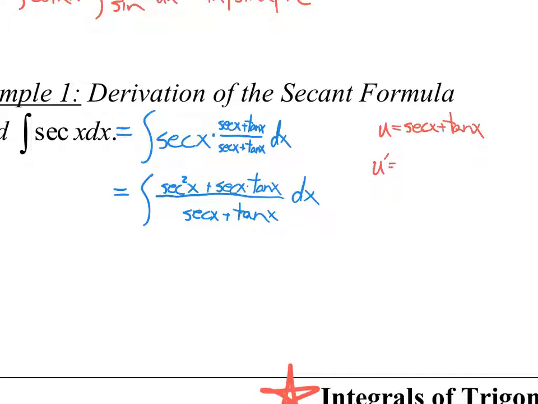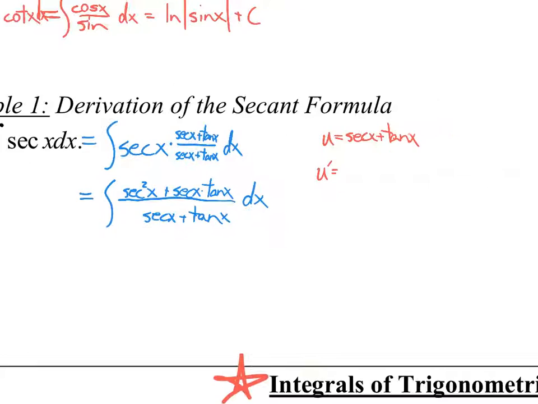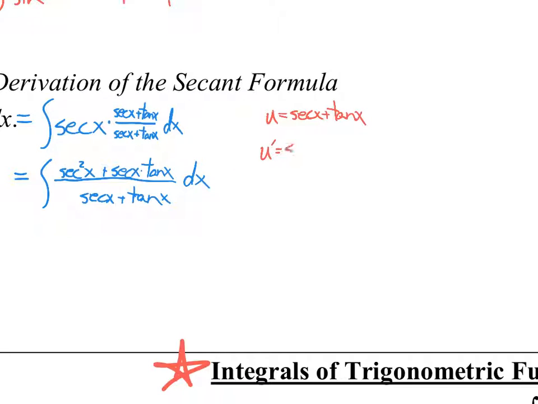So u prime, what's the derivative of secant? Secant times tangent. And what's the derivative of tangent? Secant squared. Okay? So now we notice that that actually matches what's in our numerator right now.